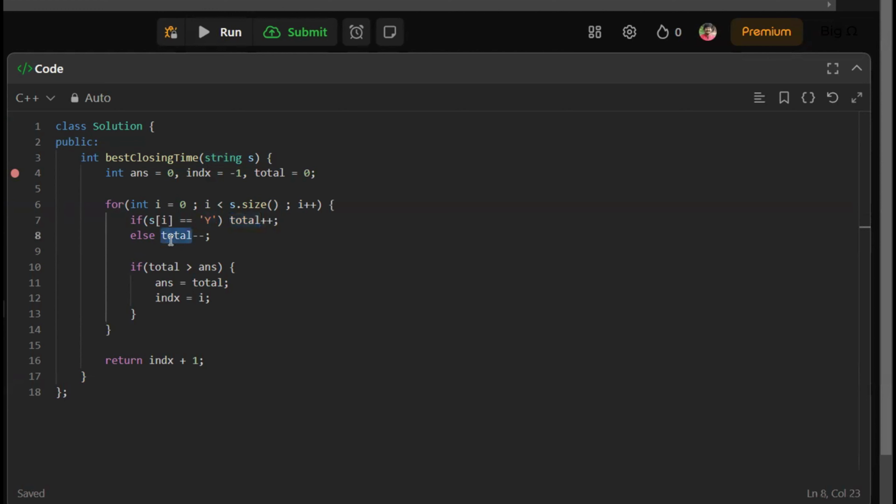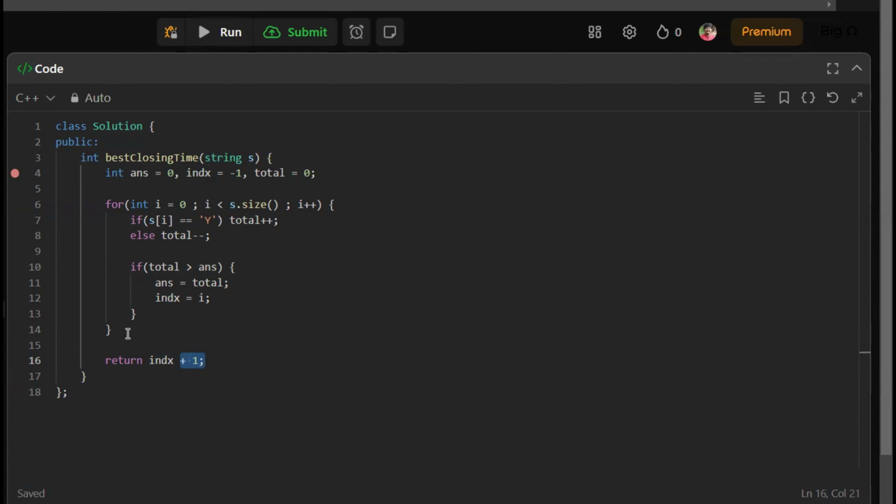Otherwise, we decrease the total. Now, if the total is greater than the answer, we store the total in the answer variable and store the corresponding index. After that, we have calculated the maximum profit. The closing hour will be the corresponding index of this maximum profit plus 1.